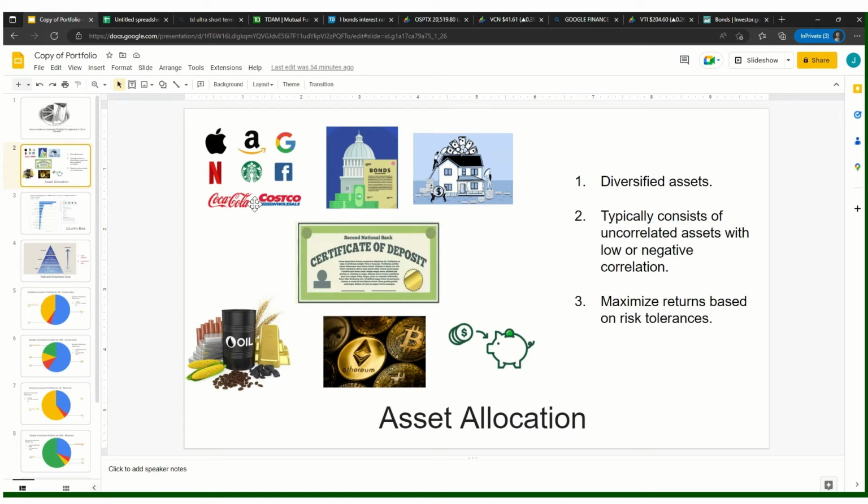We will get to how you construct that portfolio in a short while. But first, you want to understand what asset allocation means, right? Asset allocation means you have money that you want to invest in various investment vehicles. But the key point in asset allocation is to diversify.